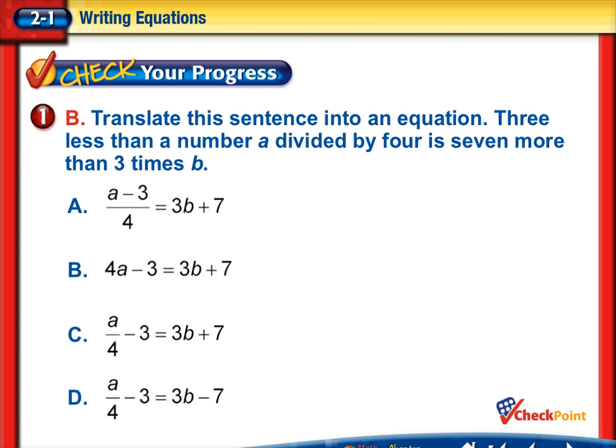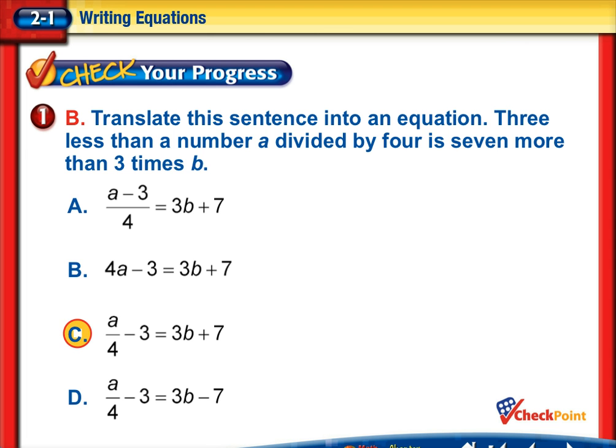3 less than a number A divided by 4 is 7 more than 3 times B. Okay? 3 less than the number divided by 4 is 7 more than 3 times B. Okay, ready? Here we go. 1, 2, 3. What is it?